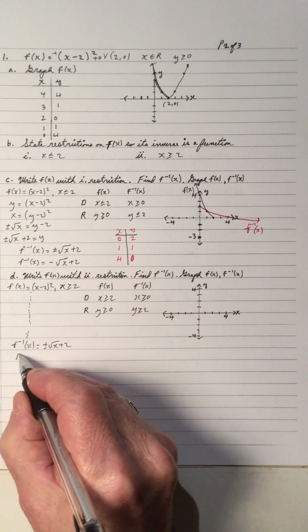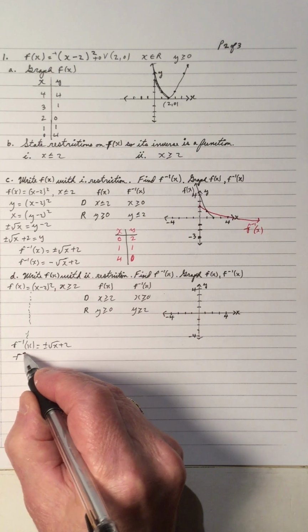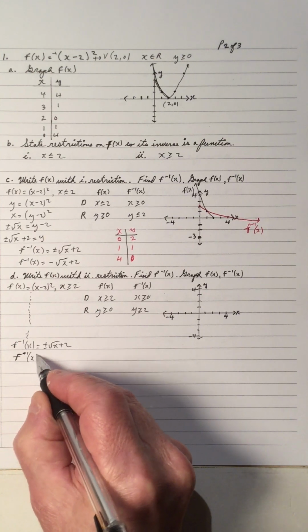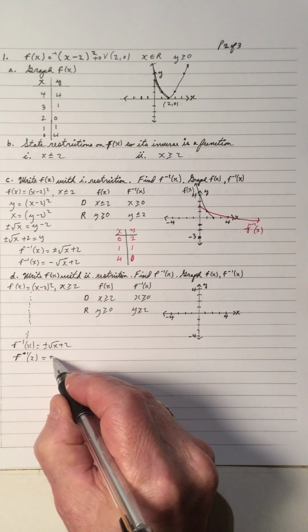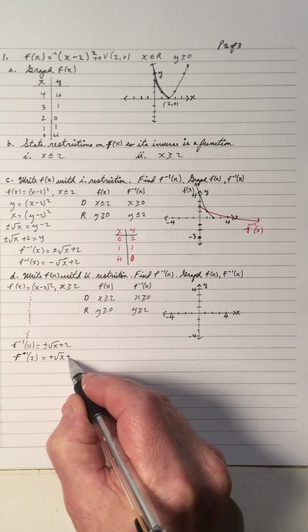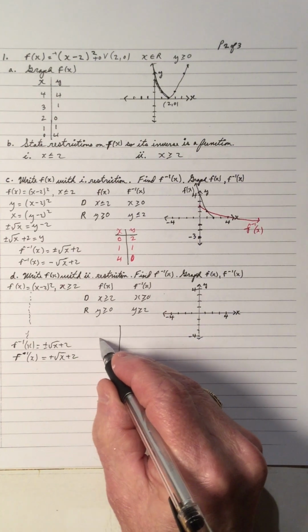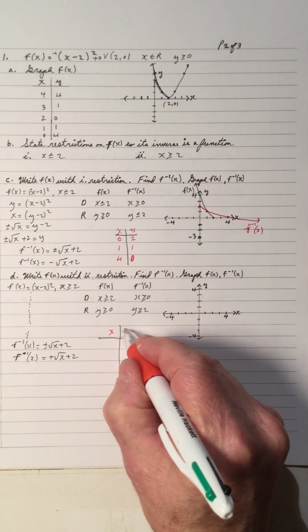Notice with this restriction, the y's are greater than or equal to 2. So that means, better be careful, f to the negative 1 of x is greater than or equal to 2, the positive part. There it is. If that's the positive part, let's look at the table of values in terms of its inverse.